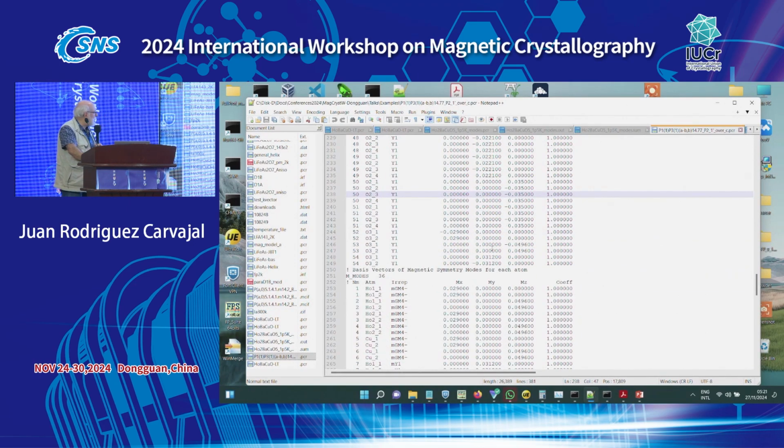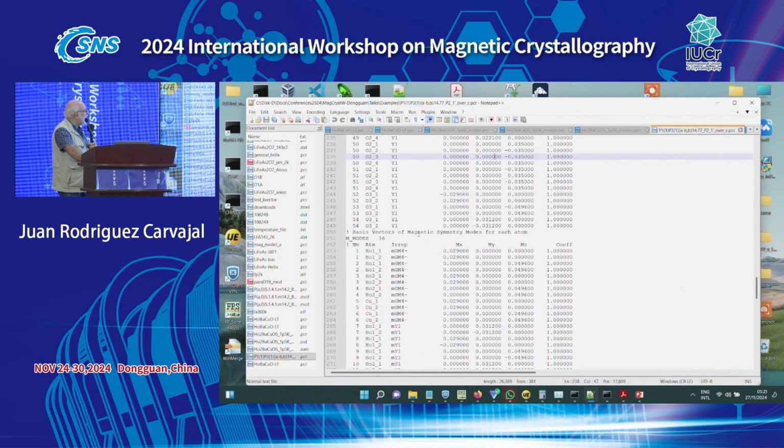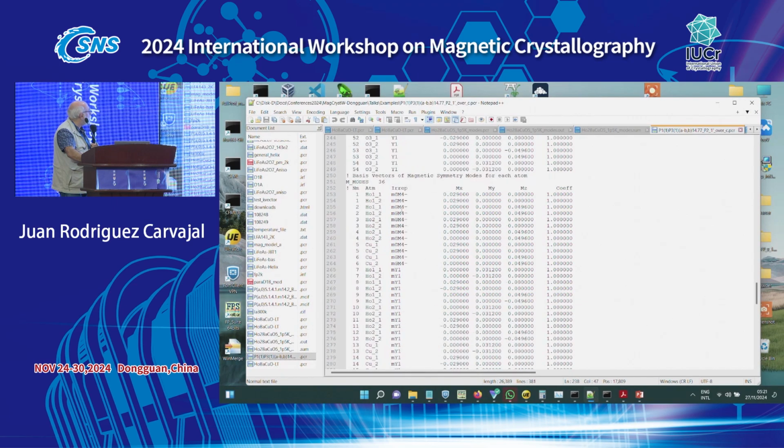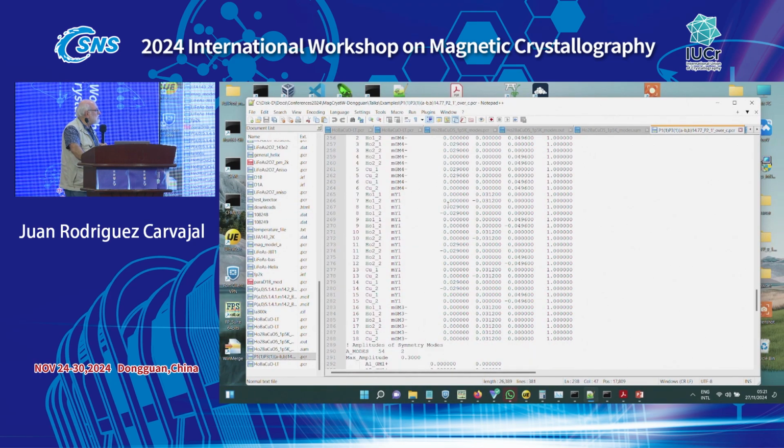And here you have the basis vectors of magnetic symmetry mode for each atom. You see here the particular irreducible representation, and you have up to 80. You have 36 amplitudes. There is a lot here.